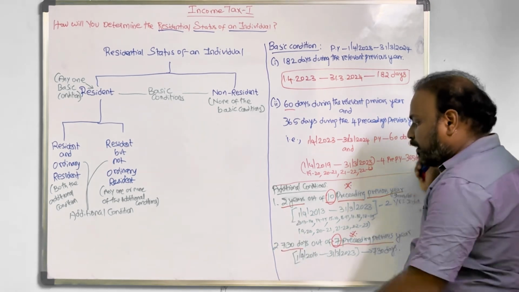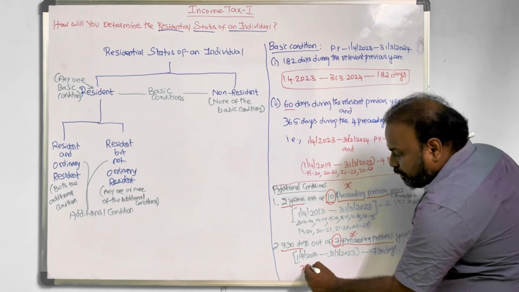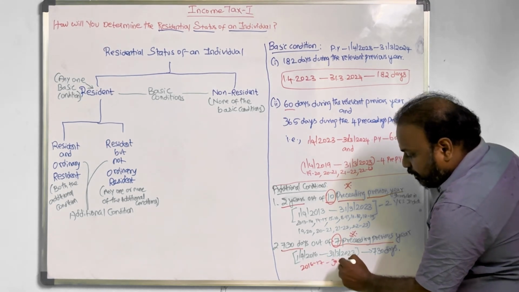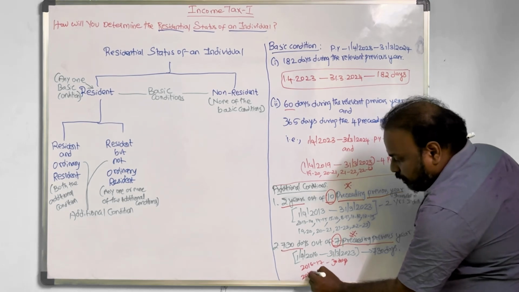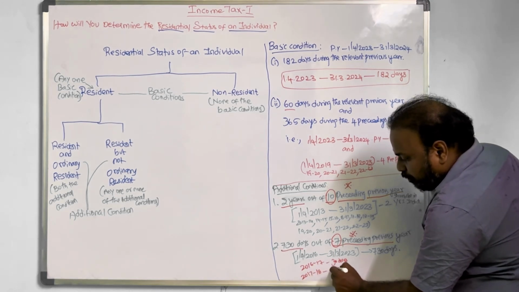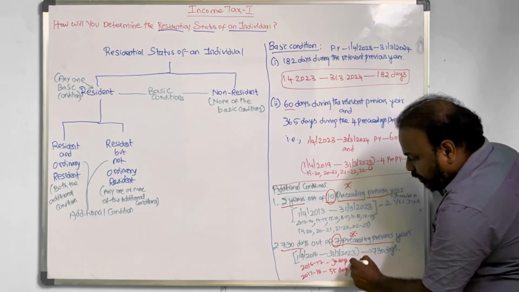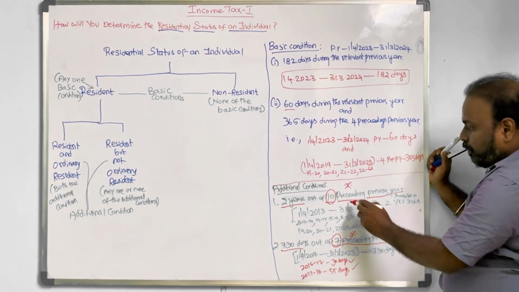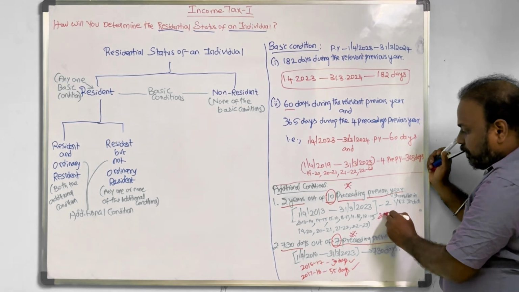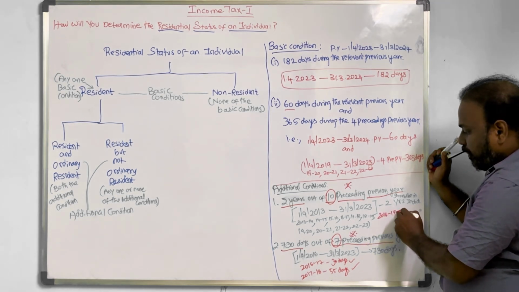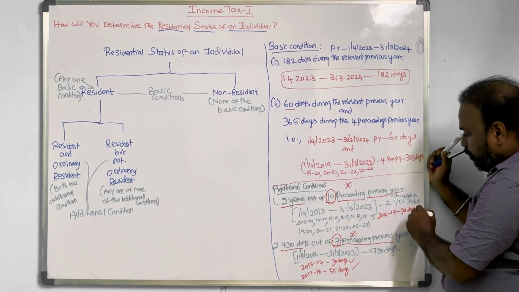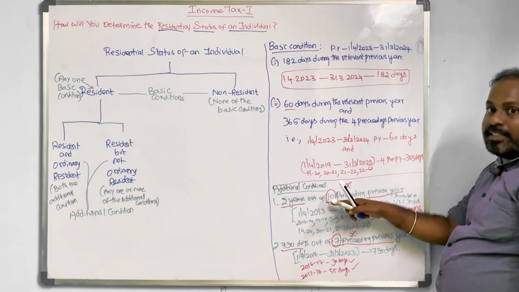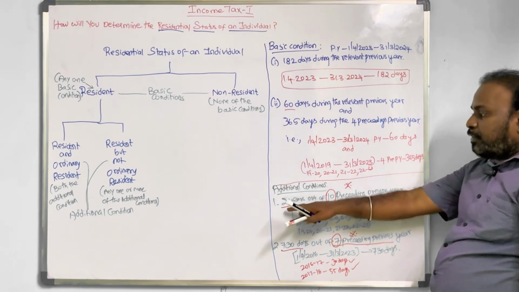For example, if a person stays 30 days in 2016 to 17 and 55 days in 2017 to 18, these are all taken into consideration. But in the first condition, if he stays 30 days in 16 to 17, we should not consider it. That is why 3 more years are given to satisfy the additional condition.